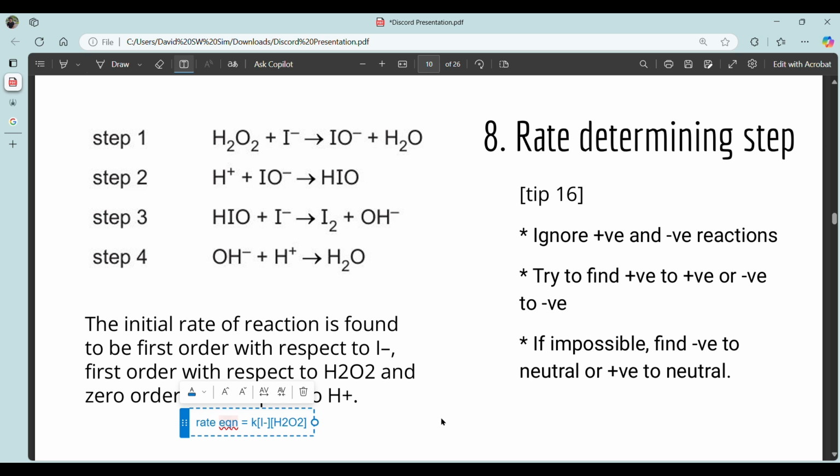Anything raised to the power of 0 is not included in the rate equation. So basically the rate equation is K times the concentration of iodide times the concentration of H2O2.